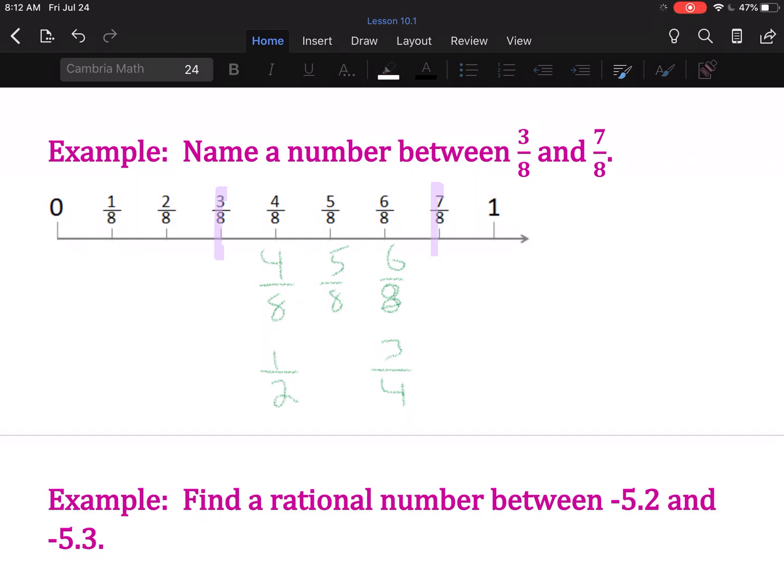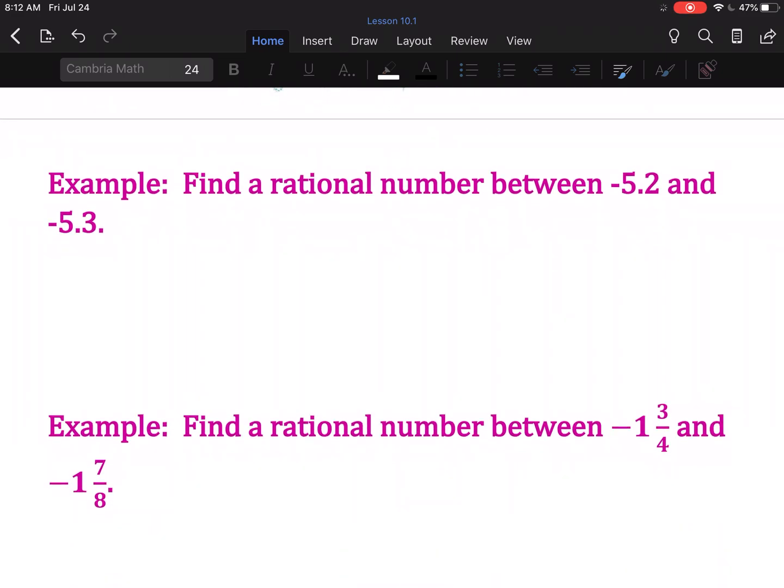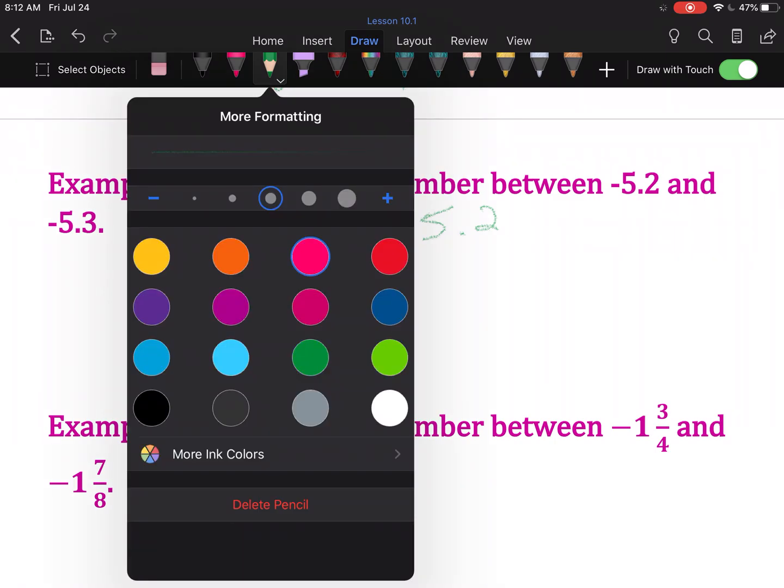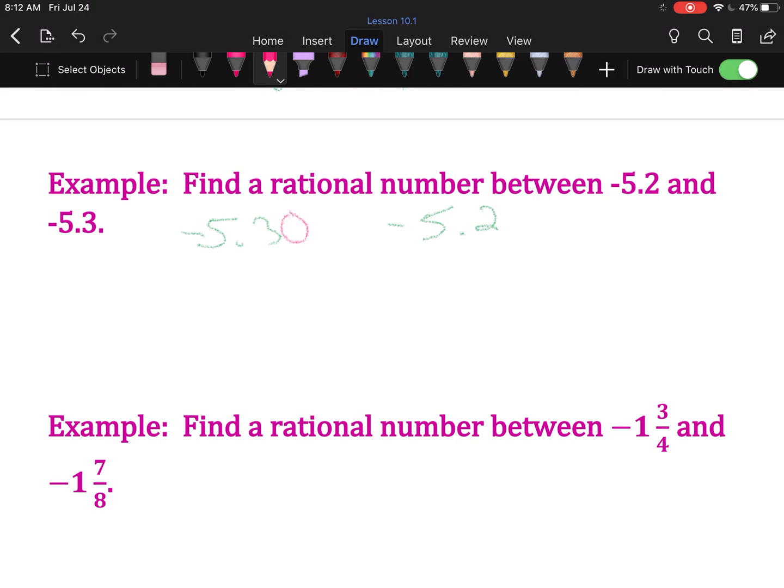That's the easiest way. Find a rational number between -5.2 and -5.3. So in order, they go like this. And it can be a little difficult to realize this at first, because there's nothing between 2 and 3. So what if I took those decimals and extended them both to say it's now -5.30 and -5.20?